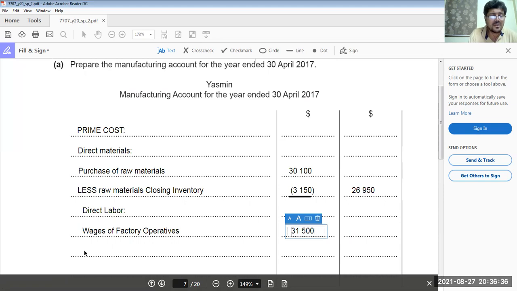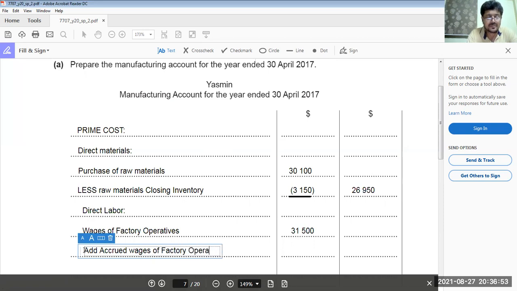And we have to add accrued wages of factory operatives, which is 800.